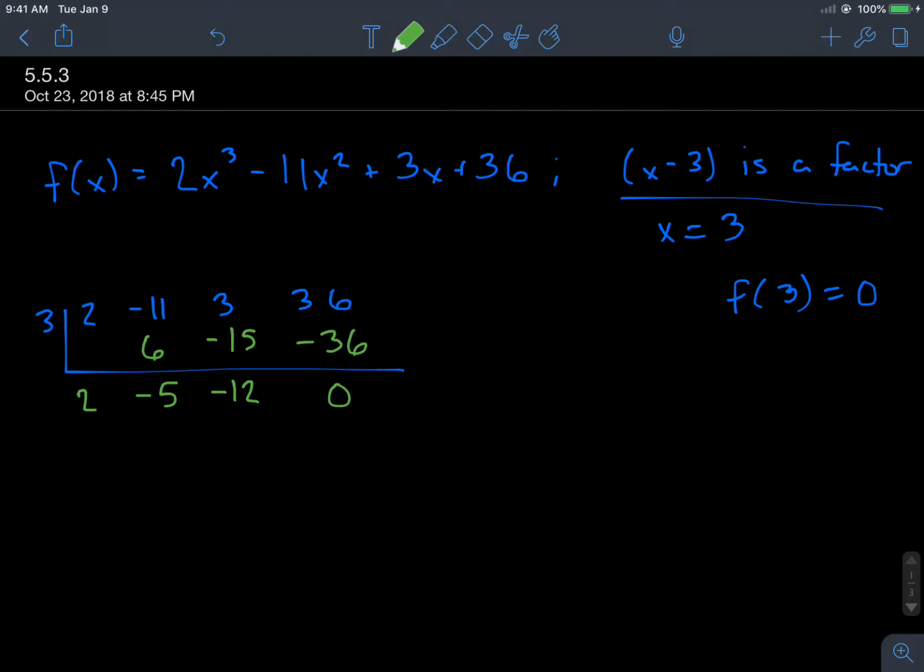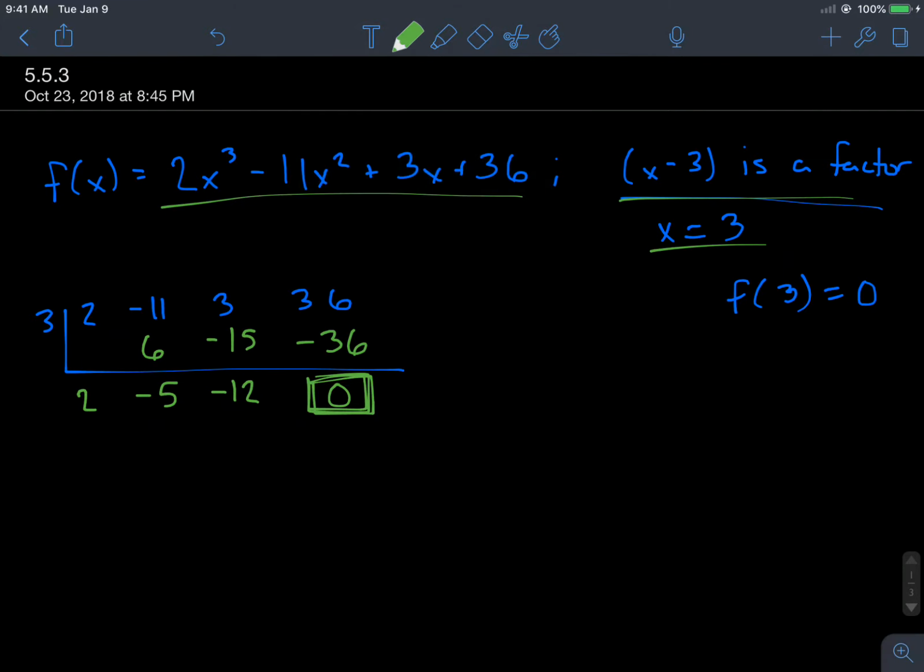So two things that tells us is, one, the remainder is 0, so x minus 3 divides evenly into that polynomial. Also, if we were to plug in 3, this is telling us that we would get out a 0. So that confirms that x minus 3 is a factor and x equals 3 is a 0.